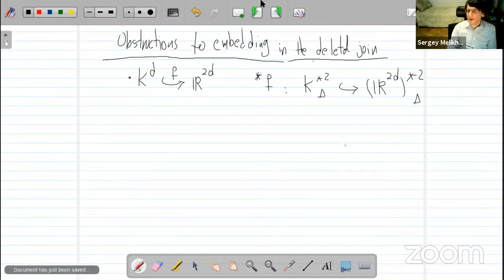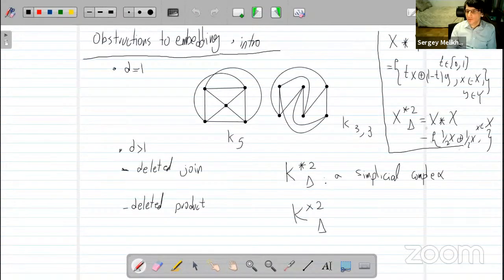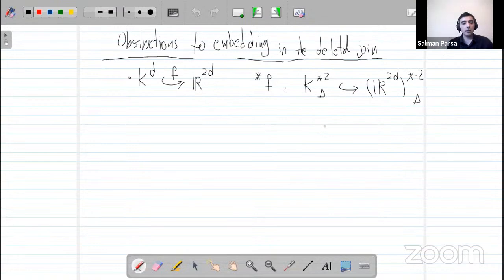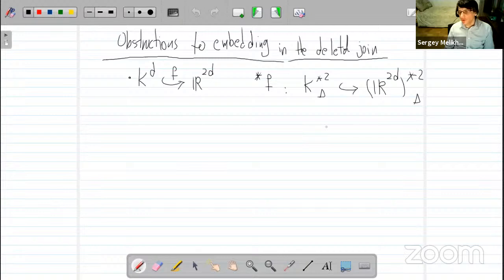Okay, but K was a simplicial complex. Yes. So the simplicial deleted join is smaller than the non-simplicial one, so it has the embedding. Yes.